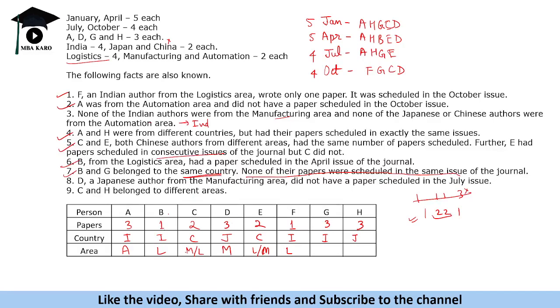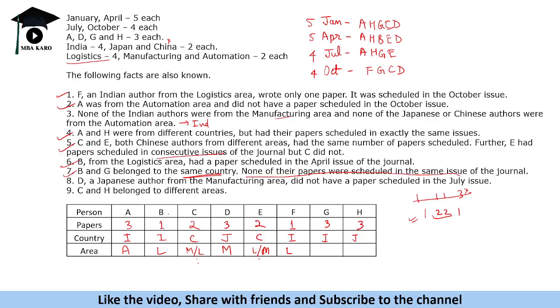So if C belongs to, let us say, logistics, then this has to belong to manufacturing. Now see this, we cannot have H belonging to manufacturing. See, one manufacturing person is D. One manufacturing person has to be one out of these.